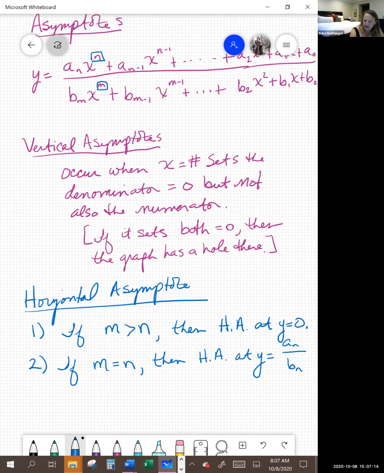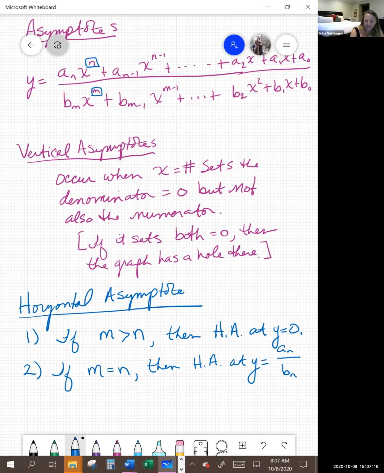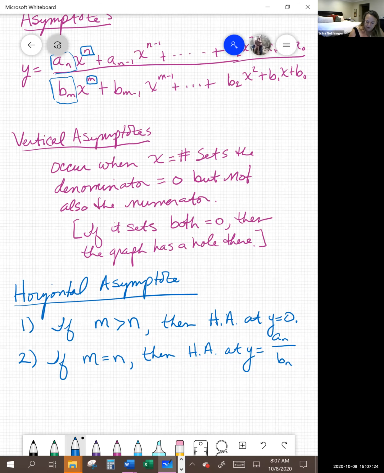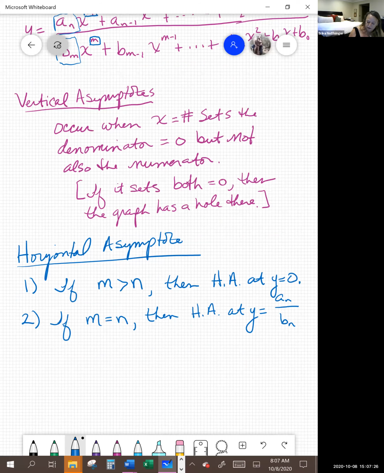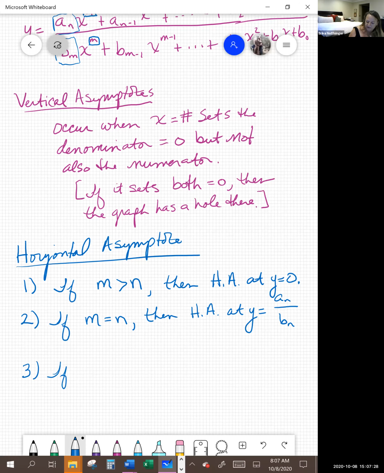So same value of our degree, we're looking at the leading coefficient of the top divided by the leading coefficient of the bottom. If n, the numerator, is the bigger one, is greater than m, then we do not have a horizontal asymptote.